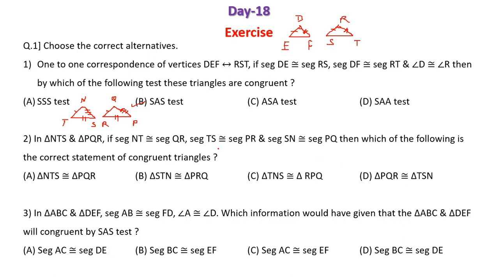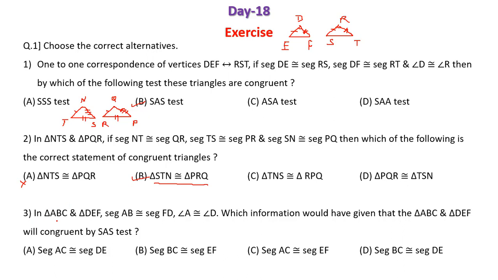Okay. Which of the following is the correct statement of congruent triangles? Now look, actually NTS, QRP, no. One STN, PRQ, right, this is correct. So this is our answer. We don't go ahead because we got the answer.